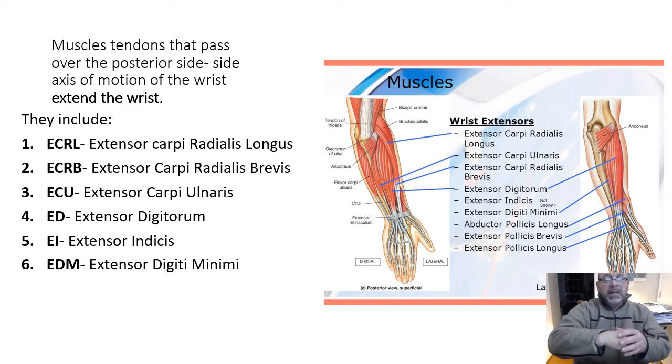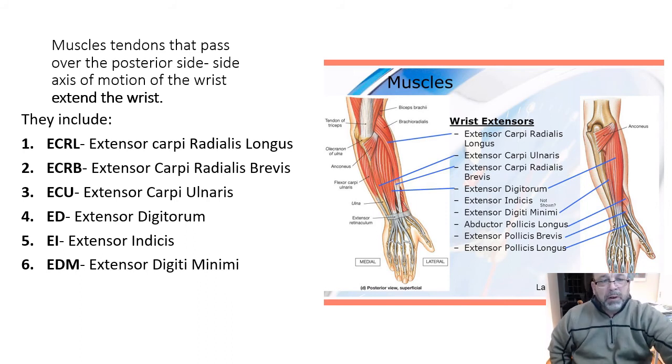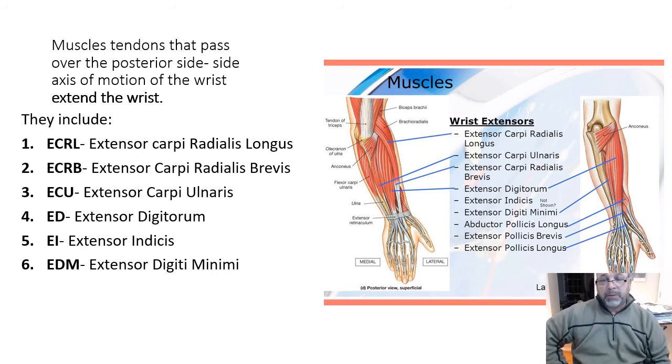Now, we extend the wrist at the carpals. Yes, we have words that have the carpi word in there. And then we have some digit words. These digit muscles, yes, they do extend the digits, but they also help and assist extension of the wrist. So as you look at this, you see the ones with the carpi word in there: extensor carpi radialis longus, extensor carpi radialis brevis, extensor carpi ulnaris.